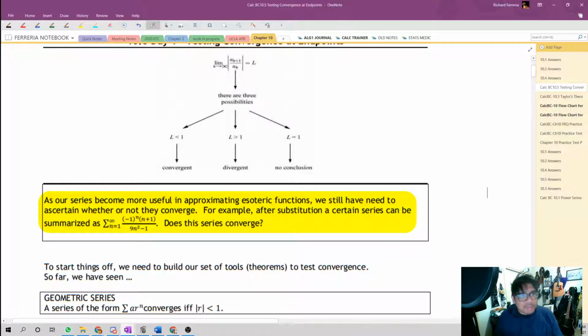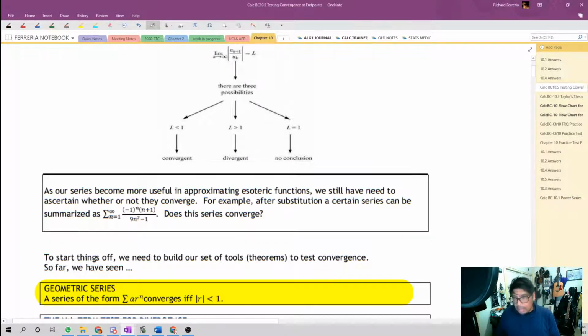Now, these series were originally used to estimate the values of esoteric functions, like trig functions or exponential functions. And in order to use them, we have to make sure that the series that approximates the functions converges. So here's a quick review.